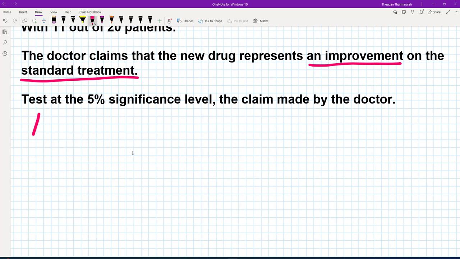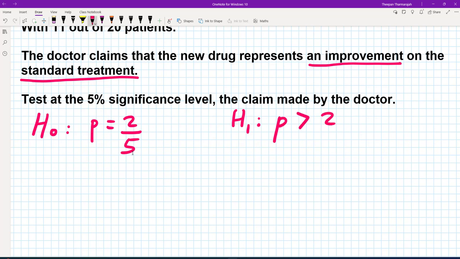H0 is called the null hypothesis, and that's that the probability remains the same. There's no difference. That's 2/5. And H1 is called the alternative, which is in our case the doctor's claim that P is an improvement, or greater than 2/5, as in more patients are getting cured by this new treatment.